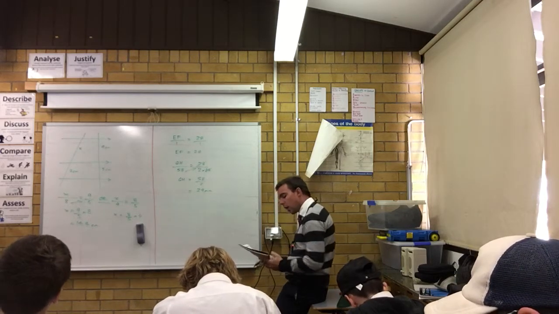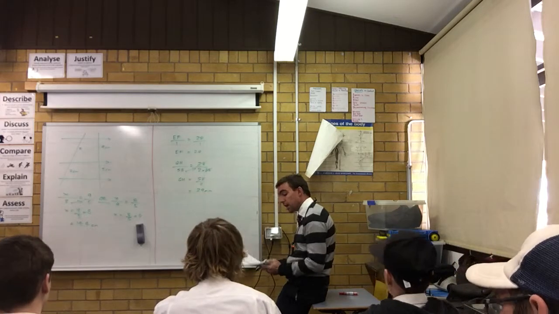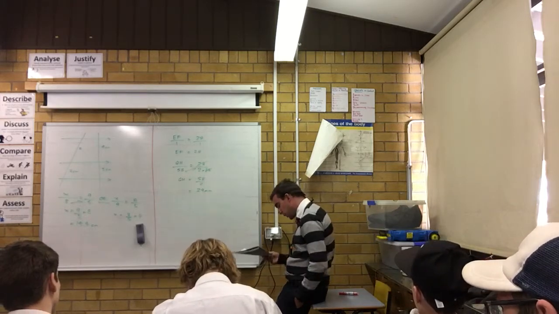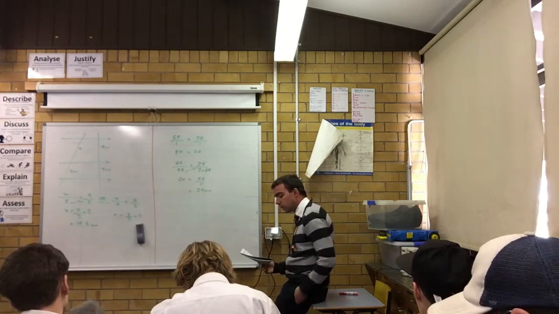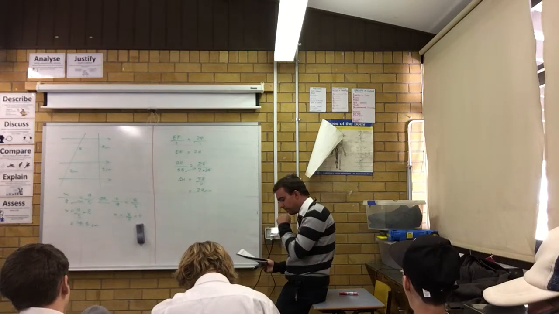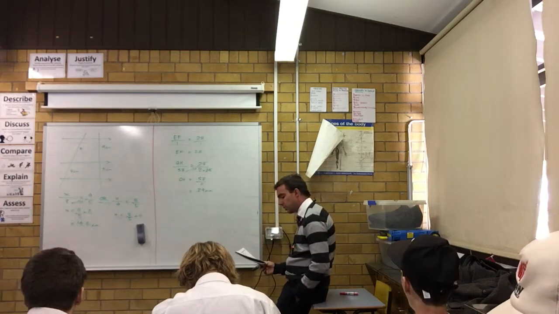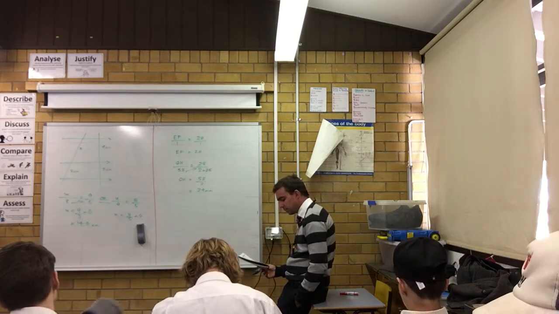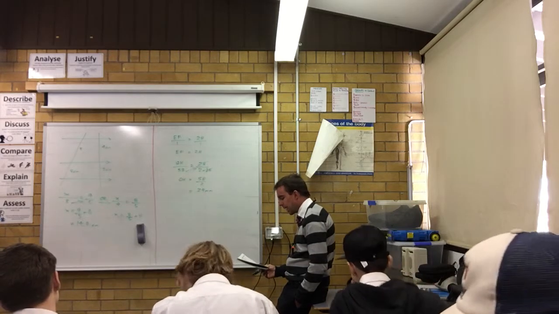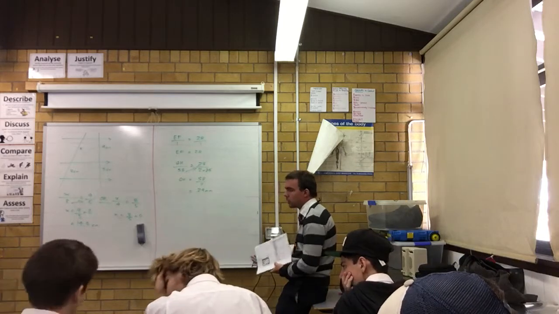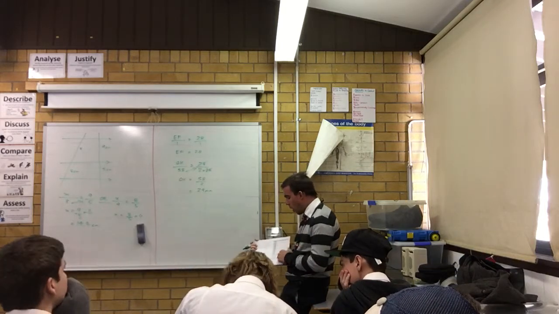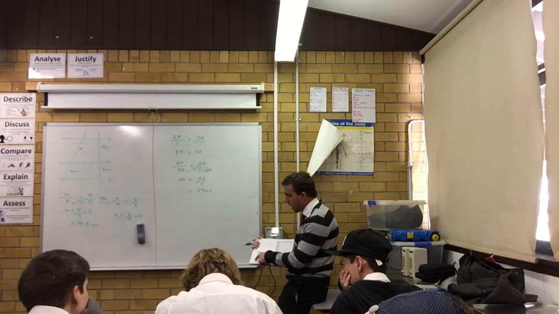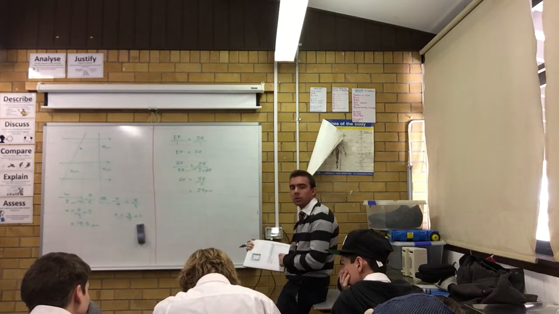Alright, so part of your homework is to also read on page 27 on quadrilaterals, classifying the different types of quadrilaterals, which is a four-sided polygon. There's quite a detailed list of the quadrilaterals and also the properties of those quadrilaterals.